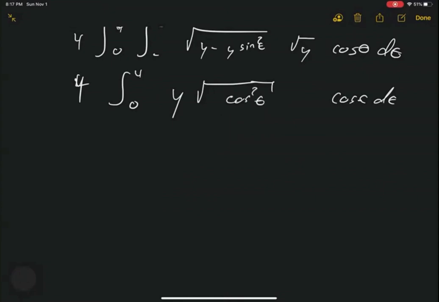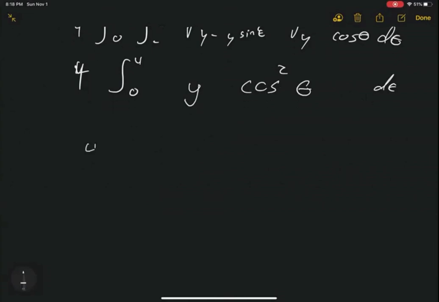Square root of cosine squared is cosine. Then I have 2 cosines, so I'm back to cosine squared. Okay, so this is a y cosine squared theta d theta.